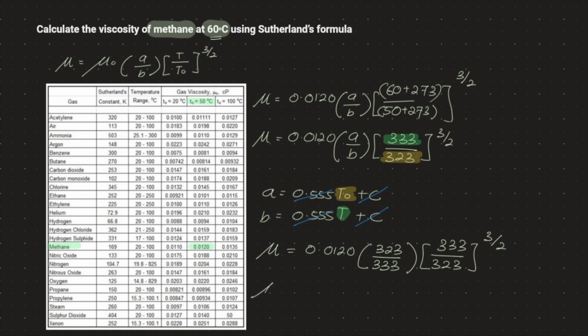From here you will get your viscosity equivalent to 1.2184 times 10 to the power of negative 2. So this is the final answer for your question number 8. When you find the viscosity, the unit should be cP, which you can find in here.